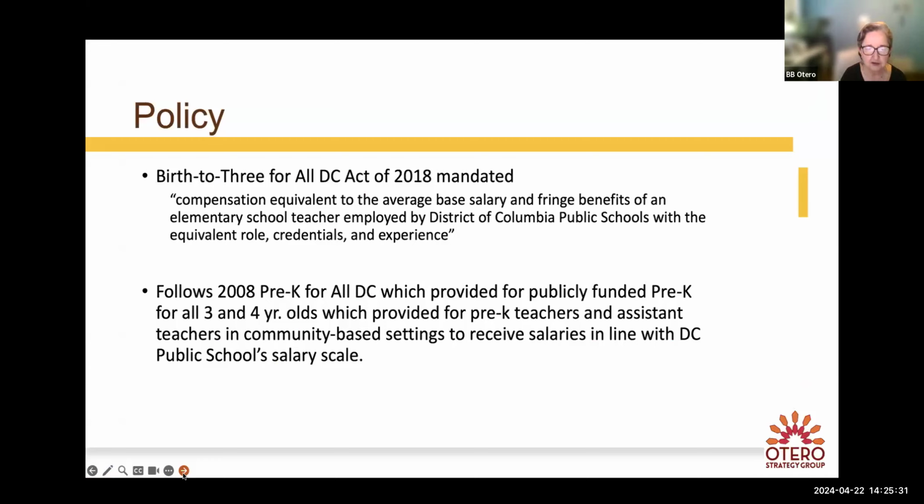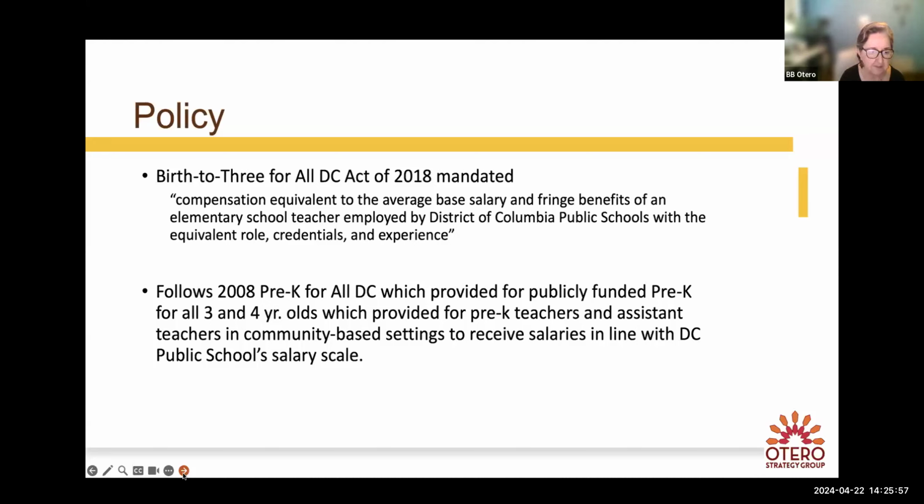We wanted to make sure that when we got to a point where we were actually able to address equitable compensation and sustainability around wages, we tied it to some existing scale and system. And so this was tying it to the public school system, which negotiates with its union, obviously, the scale for teachers.